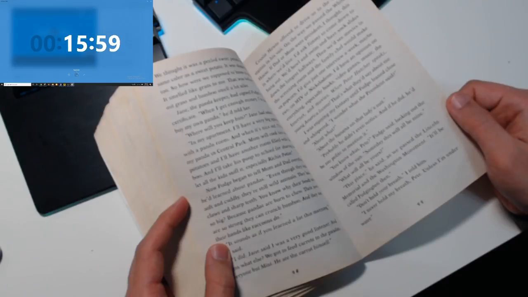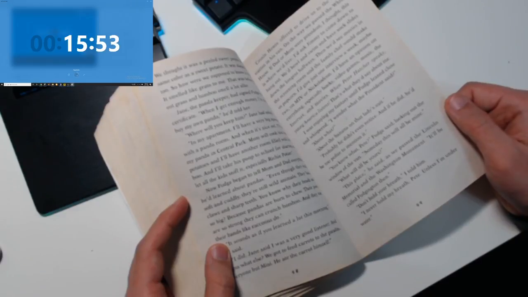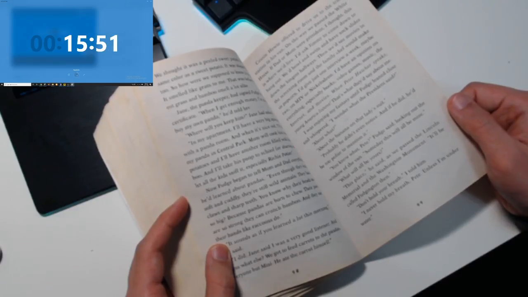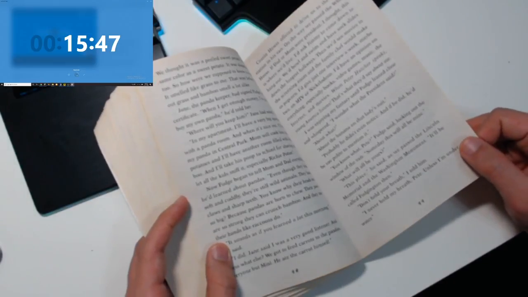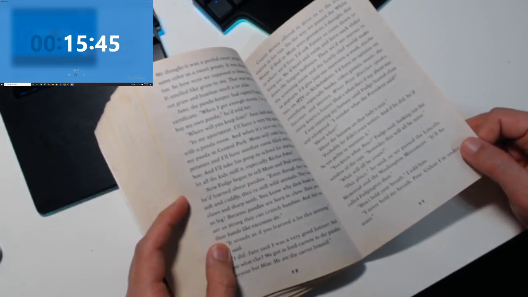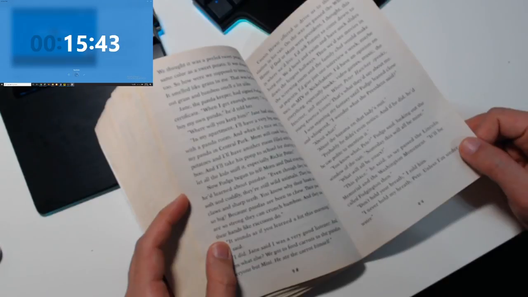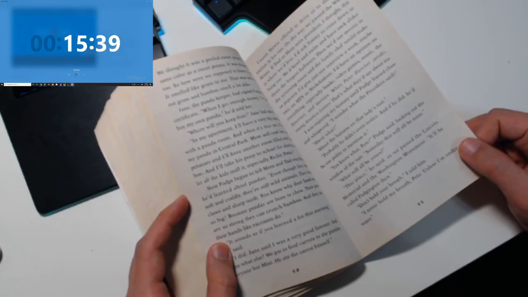"Someday this will all be mine." "What will all be yours?" I said, as we passed the Lincoln Memorial and the Washington Monument.